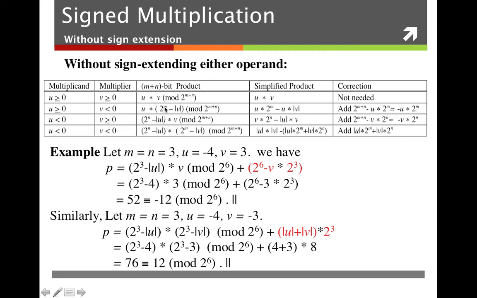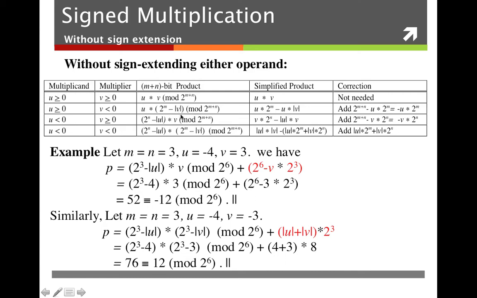Its modulus is 2 to the m, so it's 2 to the m minus the absolute value of v. And then this is what we're multiplying. When we multiply a positive number by a negative number, we are supposed to get a negative product. So whatever this is, it's going to have to be converted into something like 2 raised to m plus n minus u times the absolute value of v.